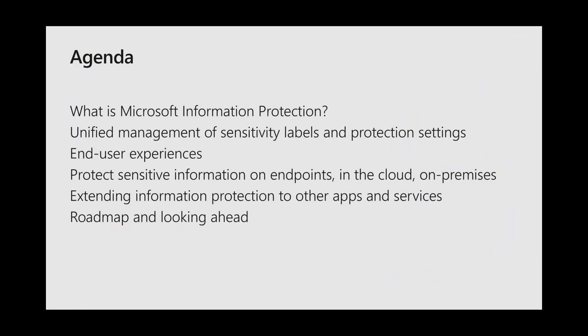What have we done lately to improve it across the company, across the administration interfaces and end user experiences, how we are taking the idea of classification, labeling, and protection, not only in the cloud, but also helping you protect your data on premises and on endpoints, and then walk you through some of our roadmap items and what we are looking ahead for the first half of this year. Very excited about showing you where we are heading.